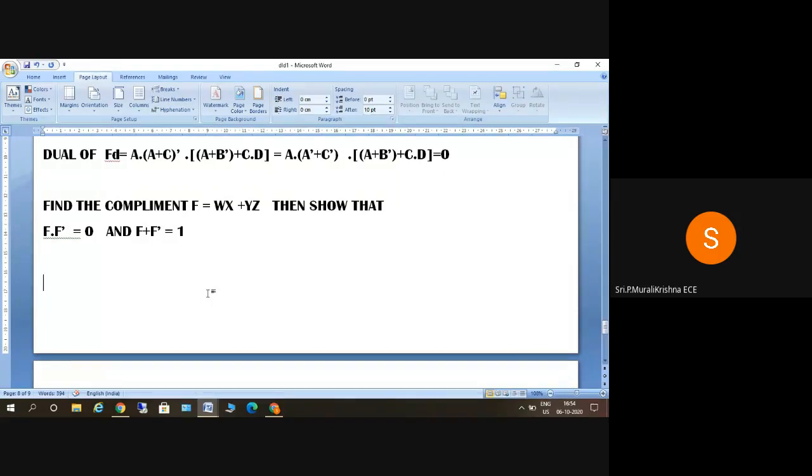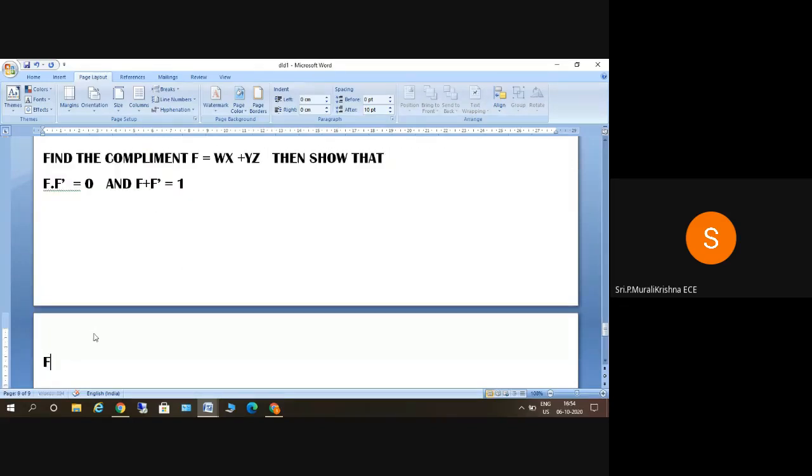So these are the simplification problems. You can check your assignment problems also. I'll do the last problem, and the remaining things you can check with the textbooks.